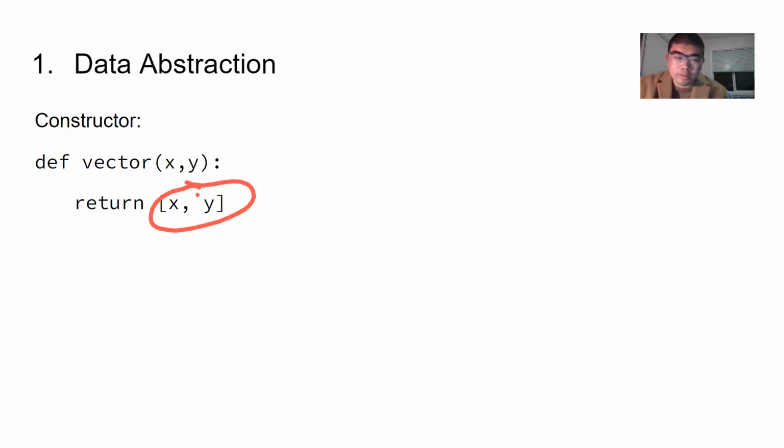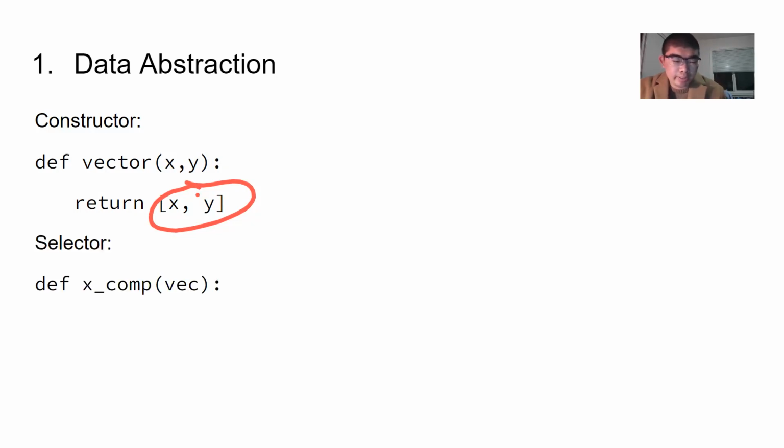The function vector is the constructor function, and it will create the data for us. Although it's stored in list form, it doesn't matter. You just treat it as a tool and know that it will return a vector for me.